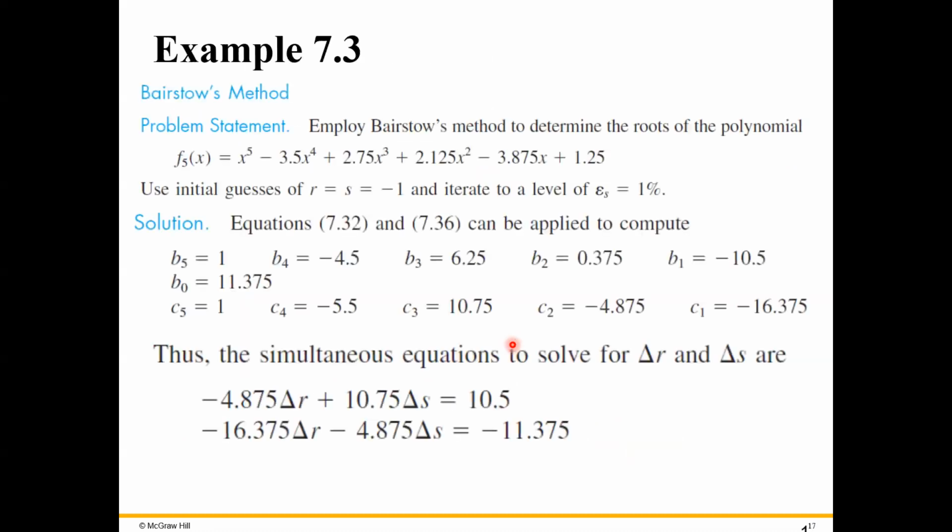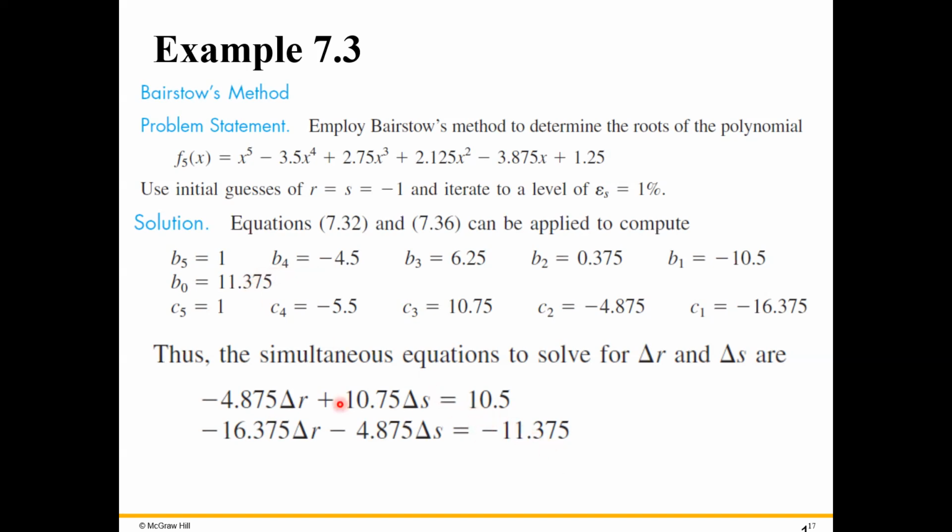So we just input the values which were found. This is C2, and similarly C2 is here, and this is C1, and then C3 over here, and then minus B1, and then minus B0.